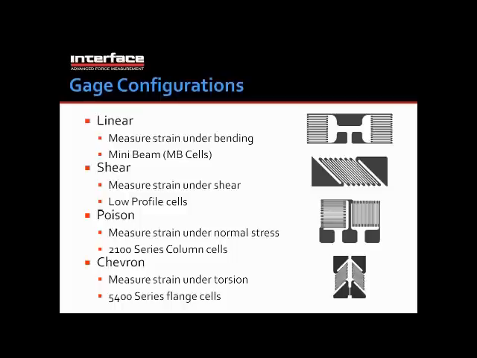And the last image that we see here is what we refer to as the chevron type gauge, and this type of gauge is typically used for torque applications. These are found on some of our torque transducers, such as those in the 5400 series.